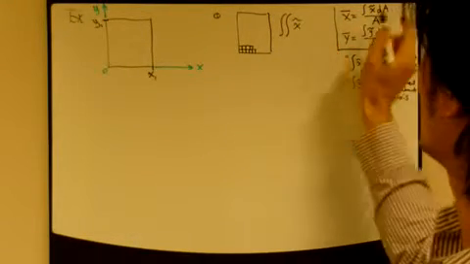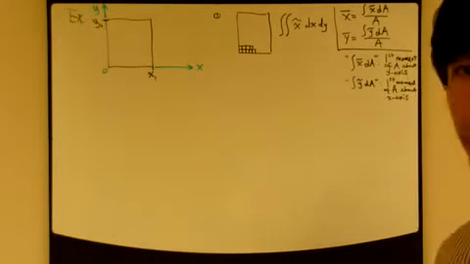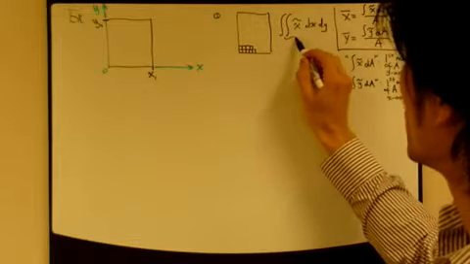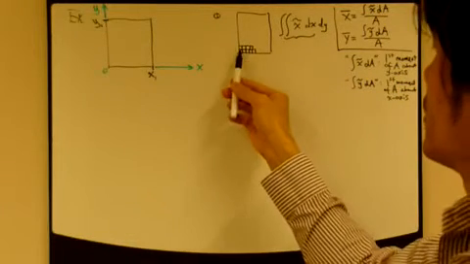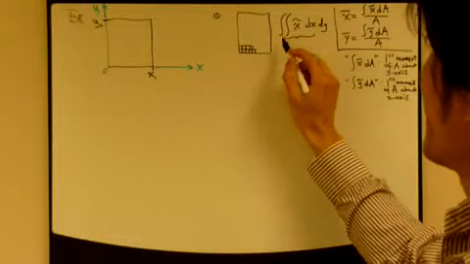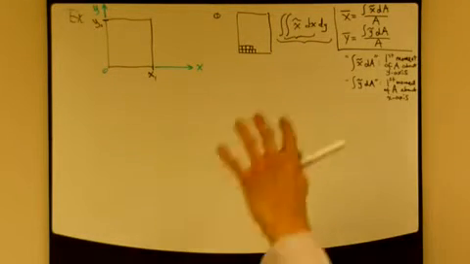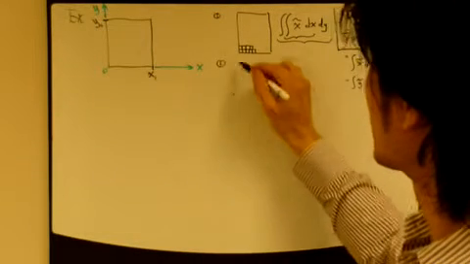So it becomes x tilde. dA now becomes dx dy. So you do the inner integration first over dx, so sum everything in the x direction, and then you do it in the y direction. And that's perfectly okay.